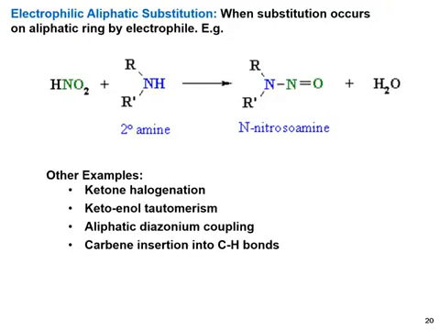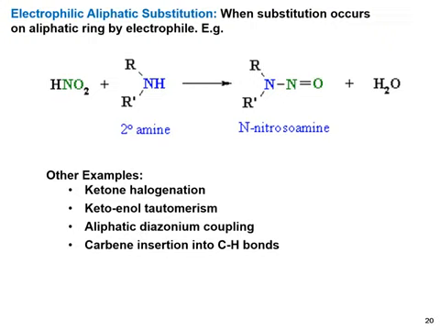The next subtype is electrophilic aliphatic substitution. When substitution occurs on an aliphatic compound, then it is called electrophilic aliphatic substitution reaction. You can see the amine is the aliphatic compound that reacts with nitrous acid, and the nitroso group acts on the nitrogen, meaning hydrogen is replaced by an electrophile, nitroso.